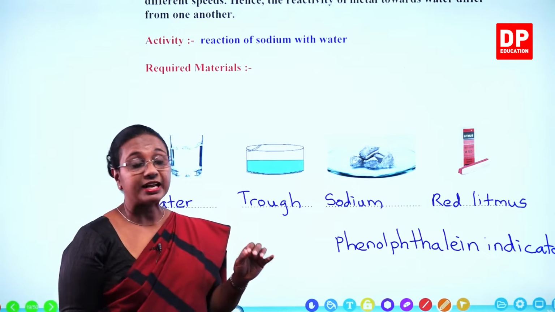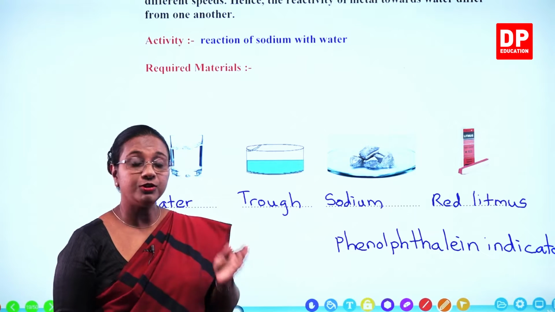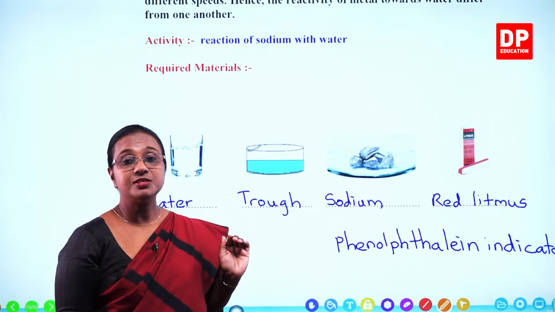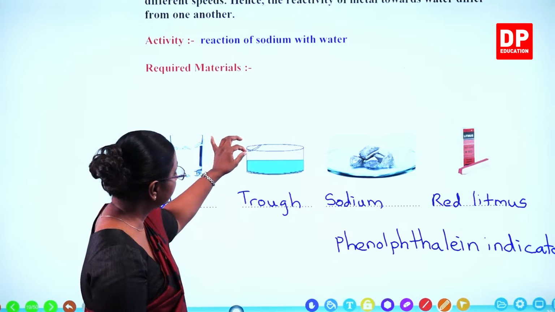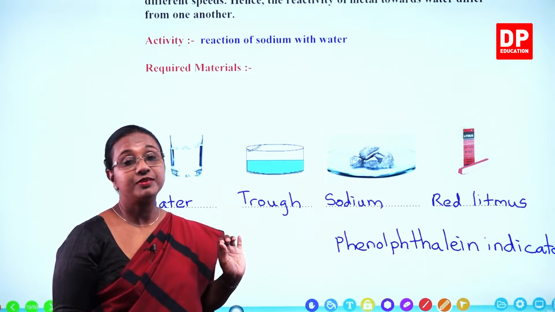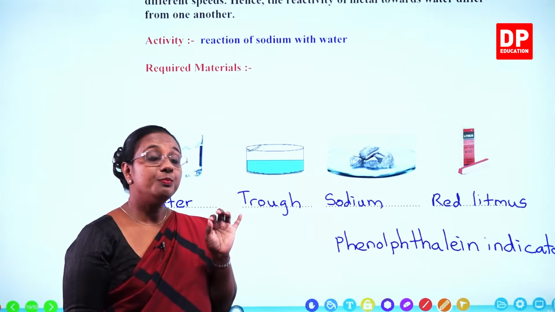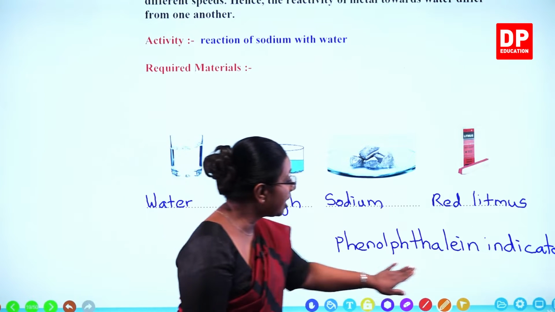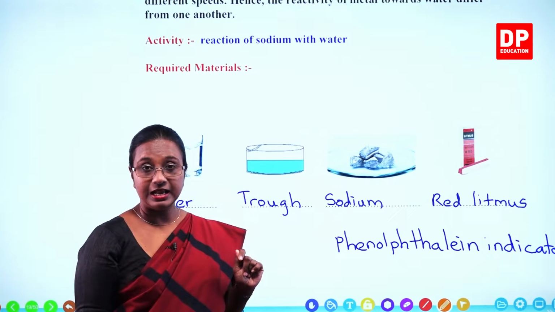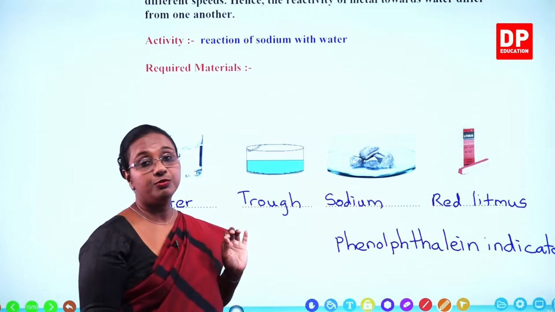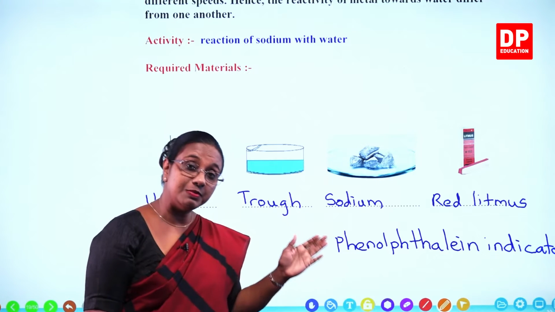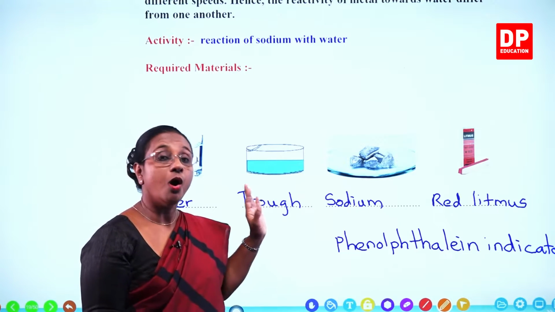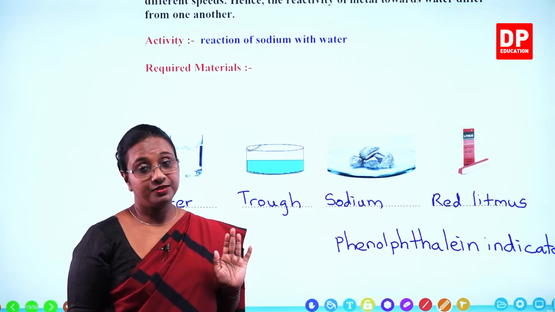So just before the activity we need to take that out. You need to cut tiny pieces of sodium and we need to put it into this trough containing water. Before doing that, if we are using phenolphthalein indicator, we can put a few drops of it before we put sodium, or we can put it after.